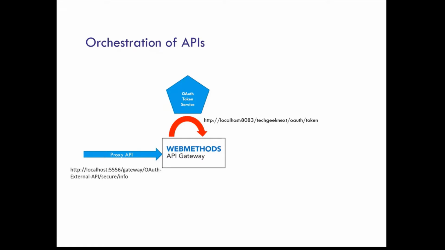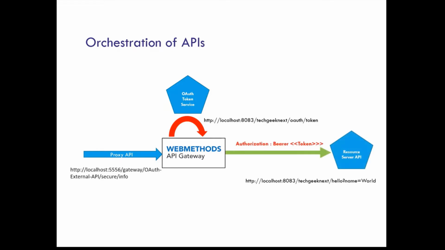Now, before calling the native service, this access token is injected in the header, and in turn, the request is sent to the OAuth protected resource server.